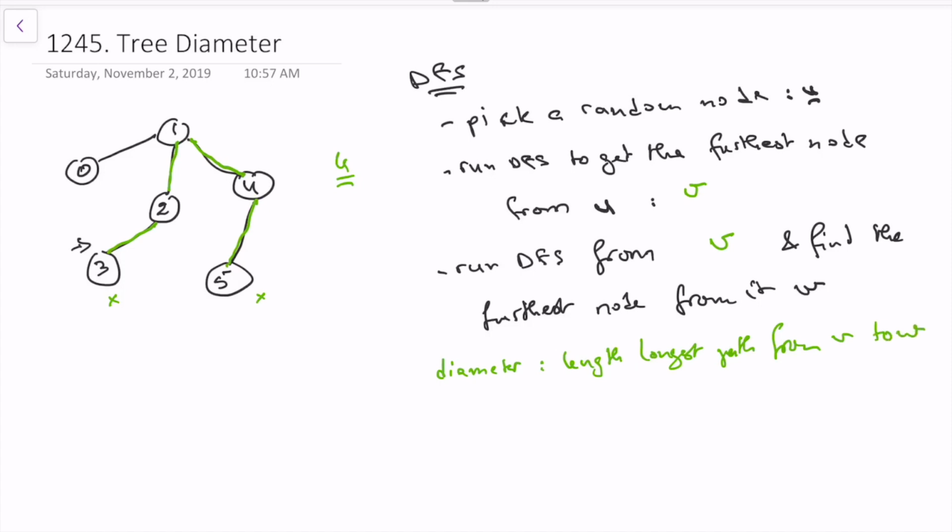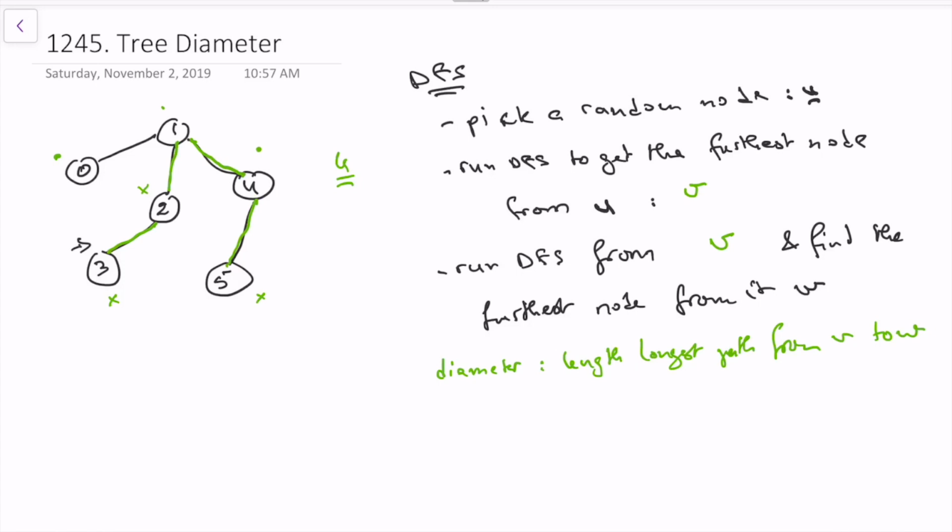One thing we need to be careful of, since this is an undirected graph, is if we came from 2 and went to 1, then from 1 we want to go to the neighbors, we should go to 0 and 4, but we should not go to 2.